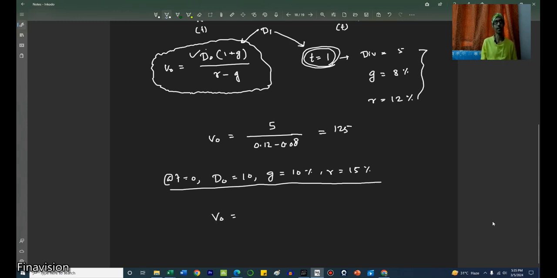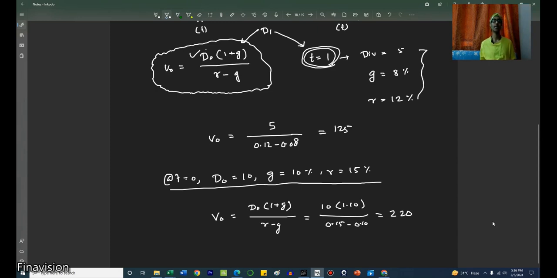Here we should do exactly what is written in the formula. D0 into 1 plus g divided by r minus g, which is equal to 10 into 1.10 divided by 0.15 minus 0.10. It's going to be a simple calculation. Let's do it. 10 into 1.1 divided by 0.05. This is 220. This is our answer.